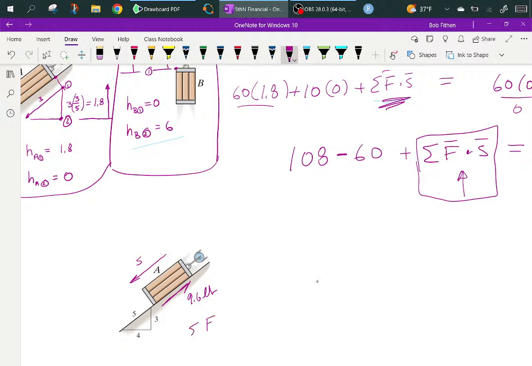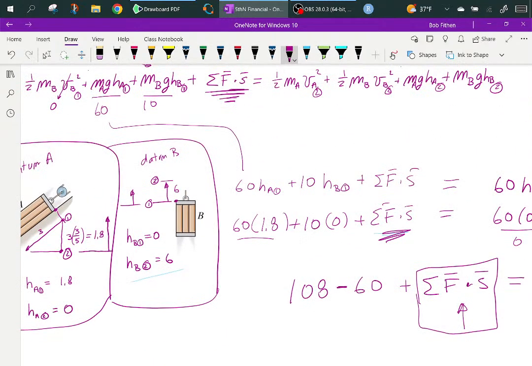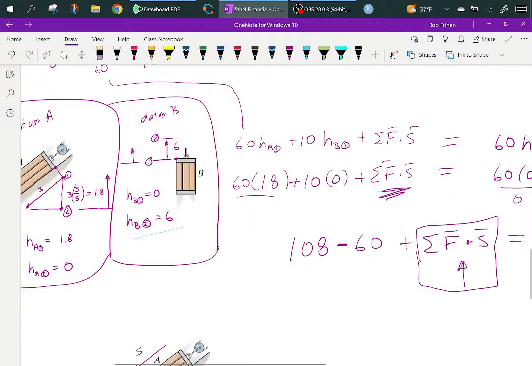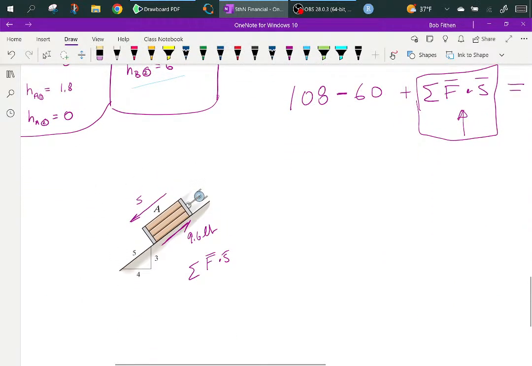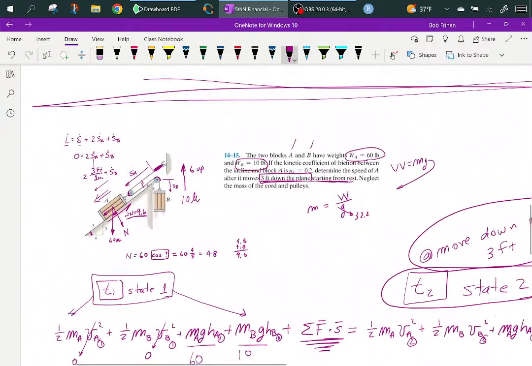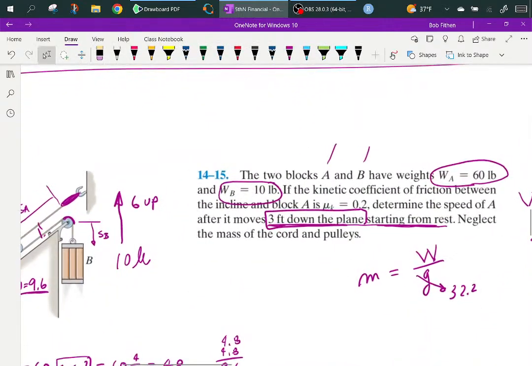I meant to put the summation of F dot S. There's only one thing. Now, if there were multiple frictions, like if this had a friction too, it would be included in there as a sum. So you would have the 9.6 times the distance it slid down, which I think was 3, or maybe it was 6. No, it was 3 foot.